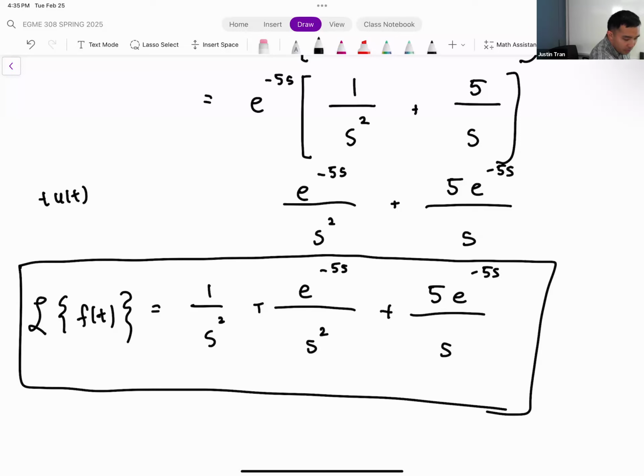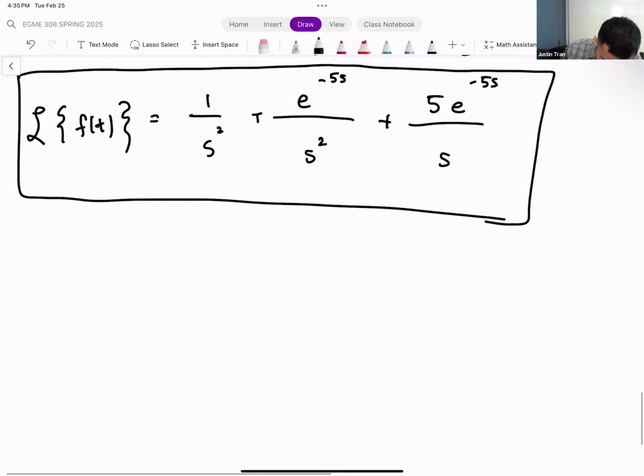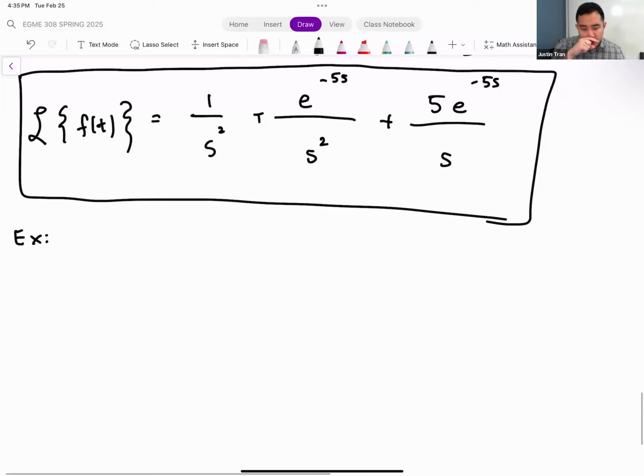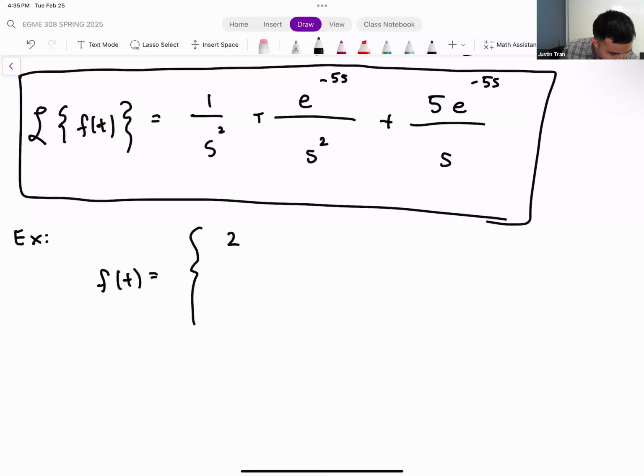Okay. All right, let's do one more example of this, just to get some more practice. This will be a bit more complicated, and this one actually, that modified version is going to play a role again. All right, so let's have f of t equal to 2 when t is between 0 and 1.